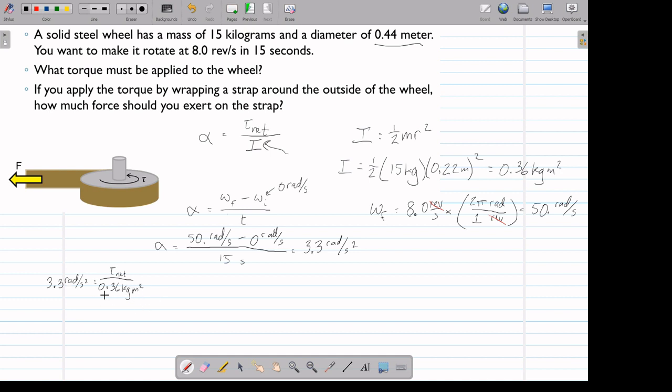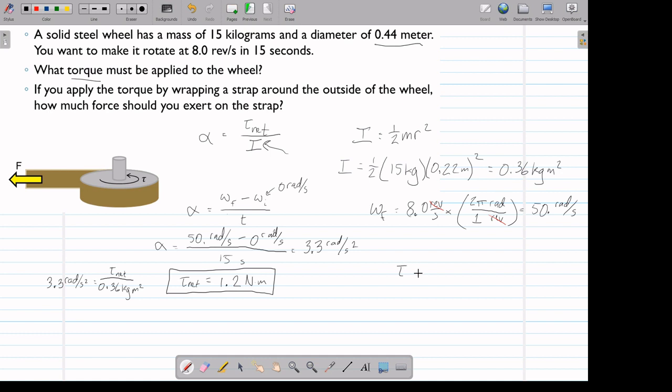So we're going to multiply both sides by 0.36, and we find that the net torque, which is what we're searching for in this first part of the problem, is equal to 1.2 newtons times meters. So hooray, there's the answer to the first part of the problem. The second part, fortunately, is pretty simple. This force is applying a net torque of 1.2 newton meters.